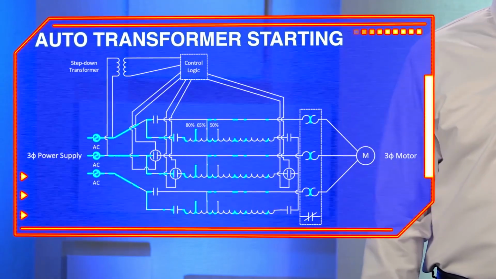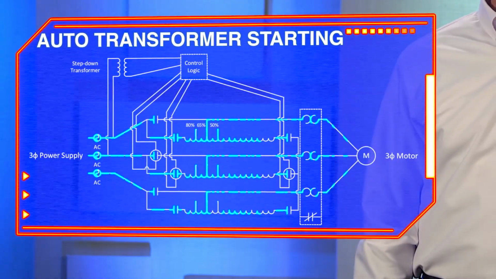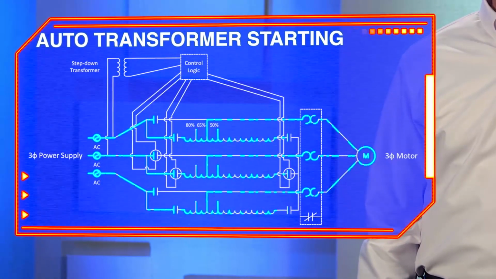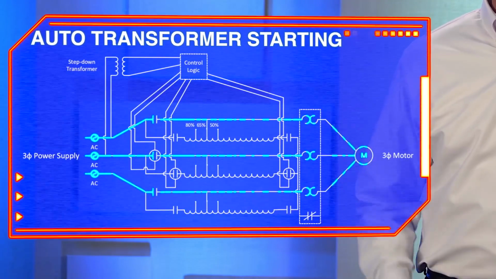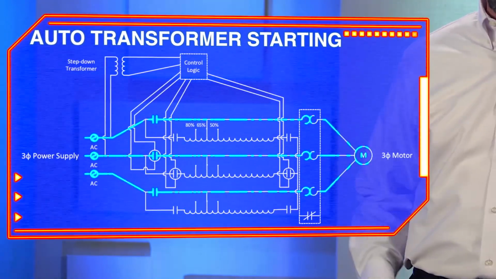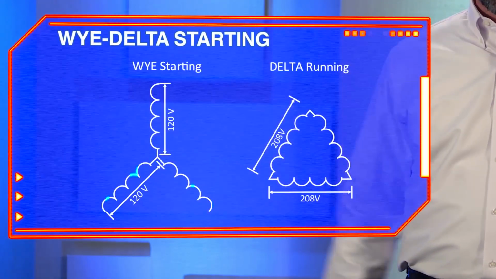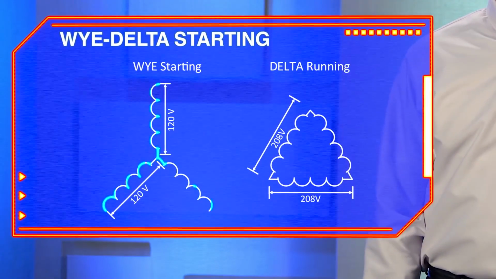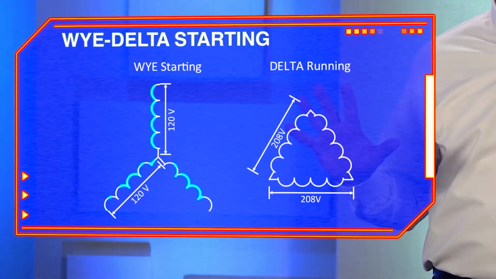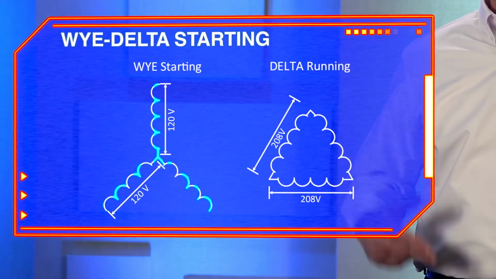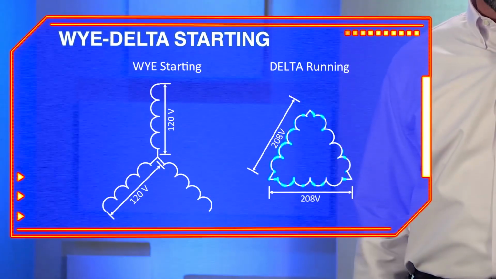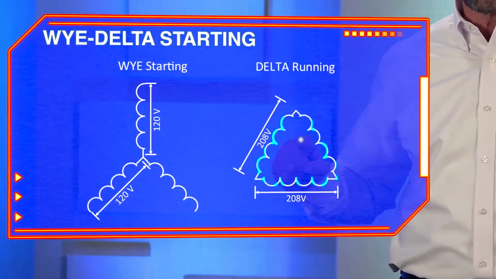With auto transformer starting, we are tapping the transformer at different points, resulting in a change in voltage. After the motor is started, the transformer is bypassed. With Y delta starting, we connect the motor at start in a Y configuration, which exposes each coil to a lower voltage, then switches over to delta while the motor is in the running state.